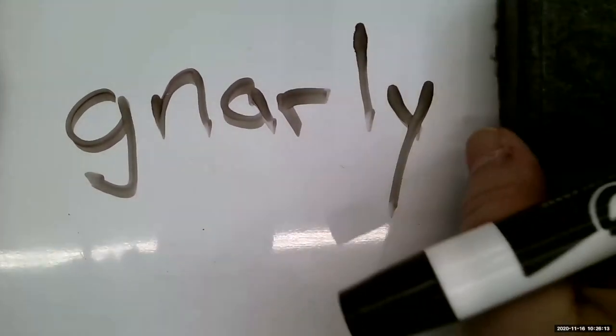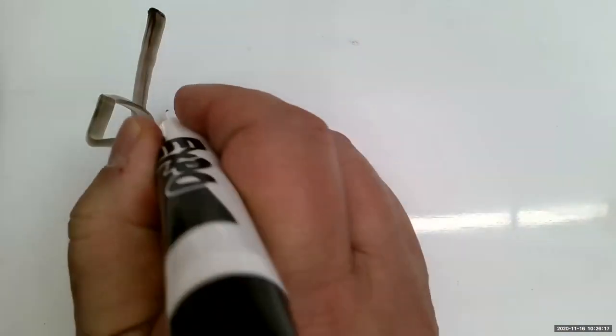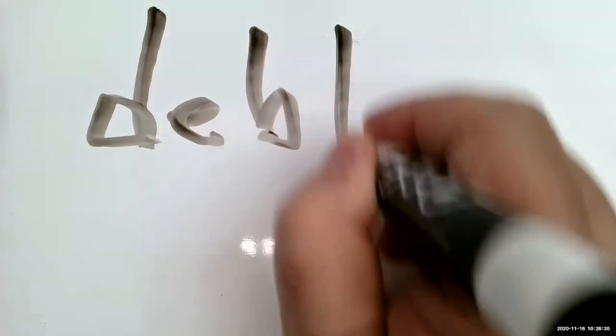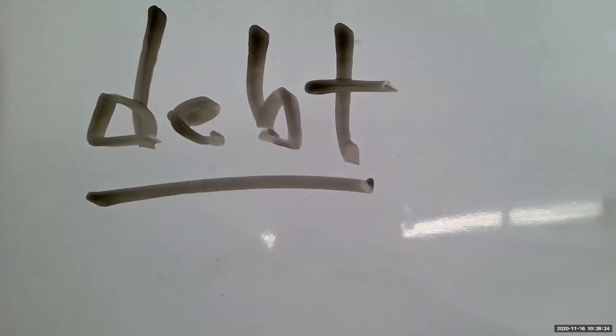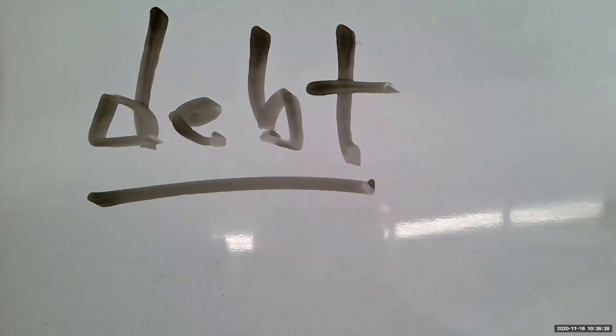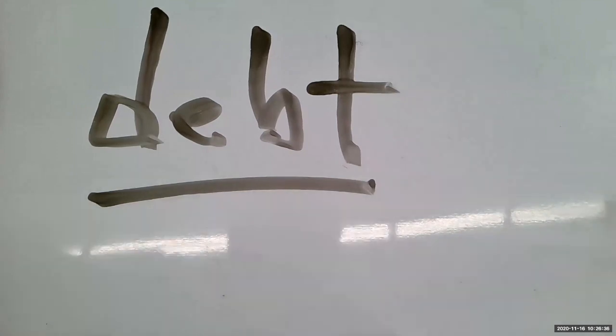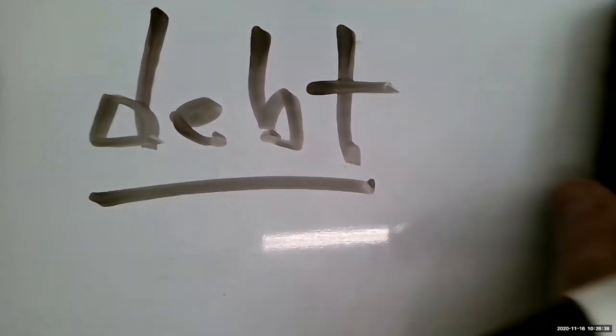And finally, the last word we're going to look at, and this one we will not stop for during the story, is the word debt. D-E-B-T. The B is silent, debt. It refers to something owed, either money or something else, maybe work. Debt. Okay?